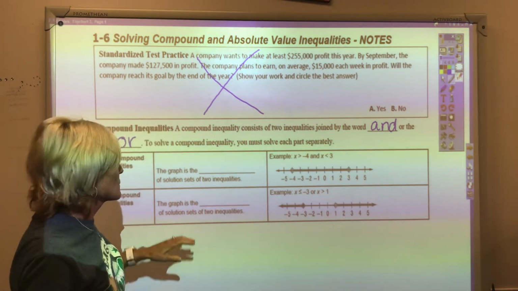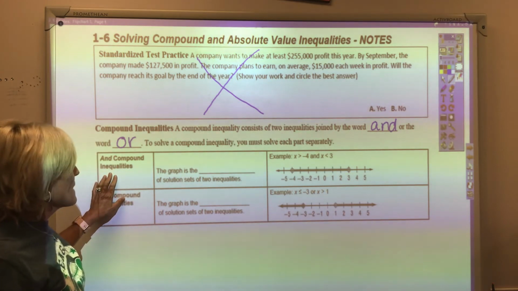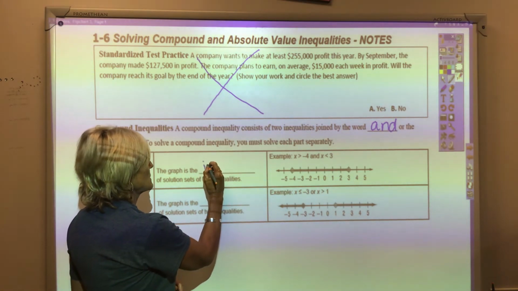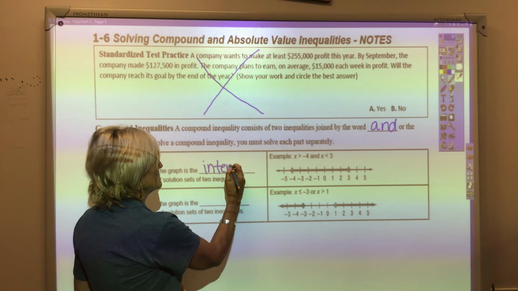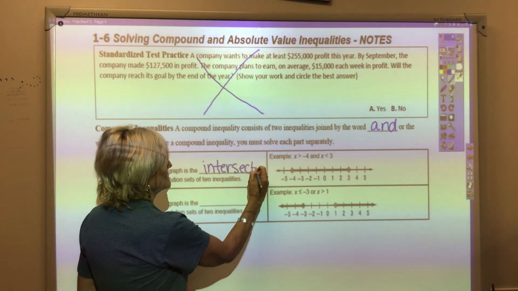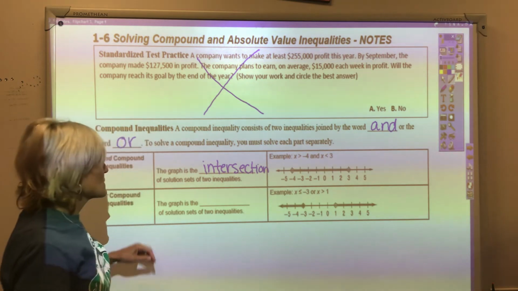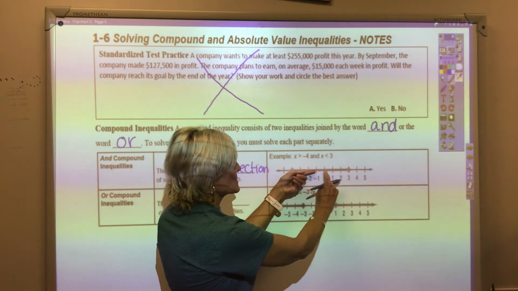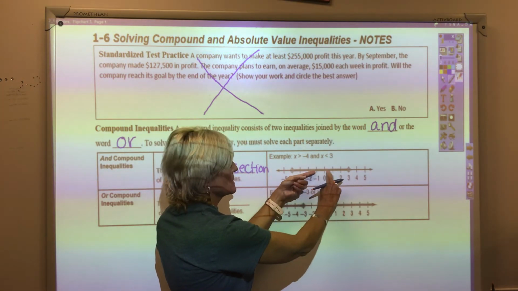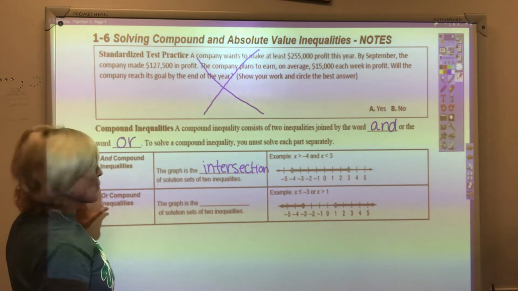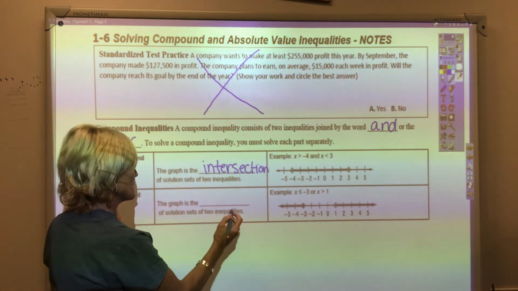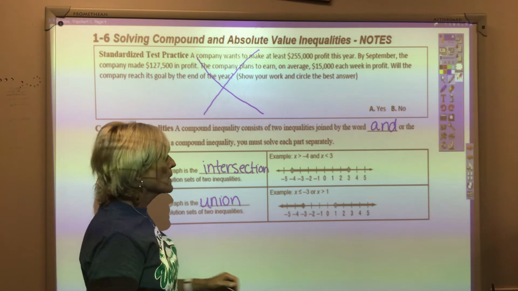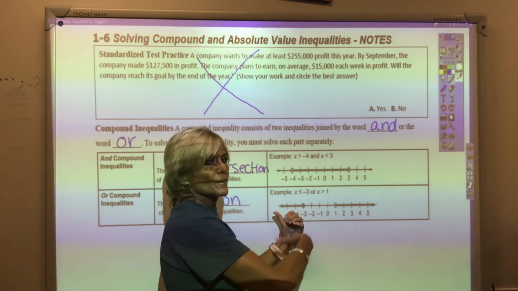A compound inequality with "and" is called the graph of an intersection of solutions of two inequalities. So the line is between the two values. An "or" compound inequality is what's called the union of two solution sets of inequalities. So one goes one direction, the other goes the other direction.